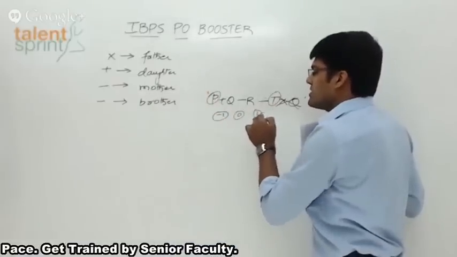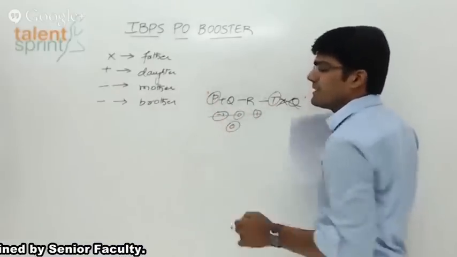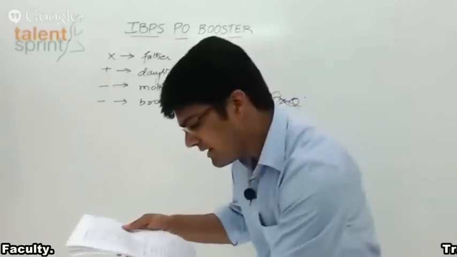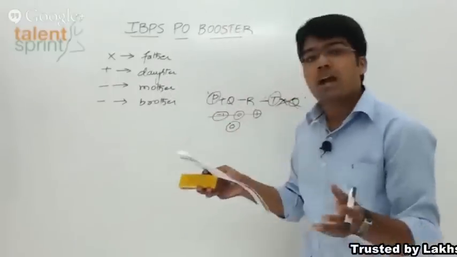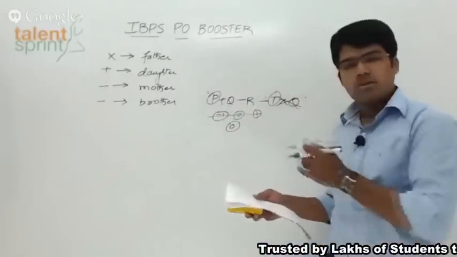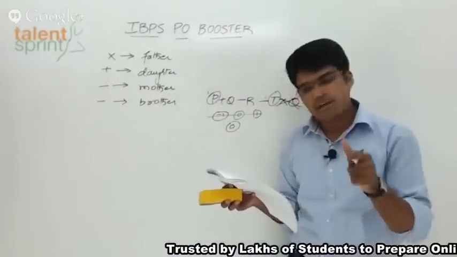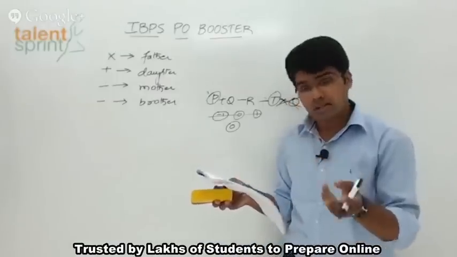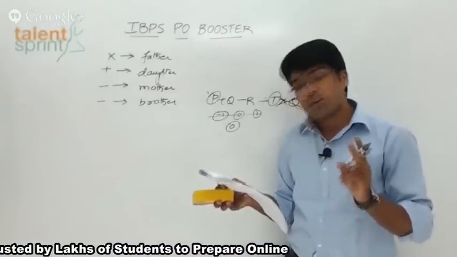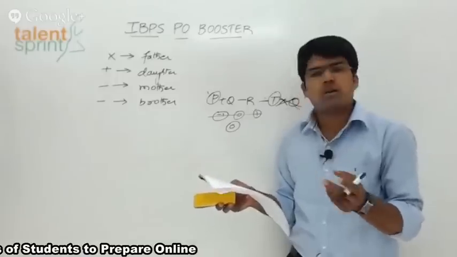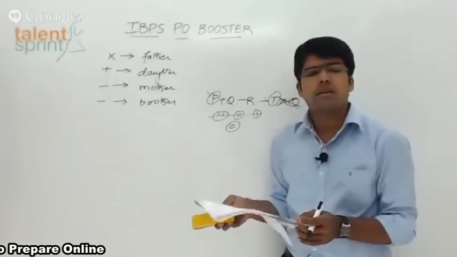So overall, what is the generation gap? 0. Minus 1 and plus 1 get cancelled, right? So between T and P, it cannot be aunt or uncle because the total generation gap is 0. So first option aunt is ruled out. Second option aunt or uncle is also ruled out. Third option father is ruled out. Fourth option grandmother is ruled out. So answer has to be fifth option, none of this.